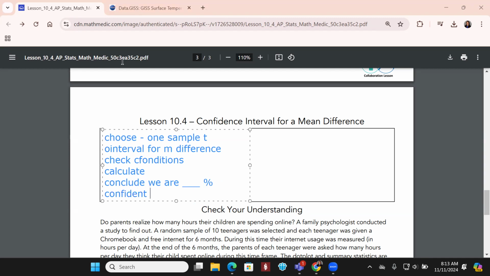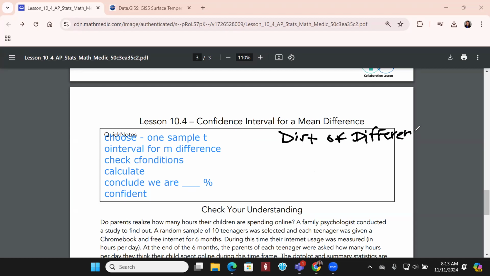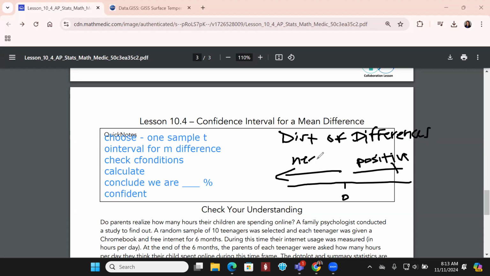Then we talked about distribution of differences. We had 0 in the middle. If it was positive, it was over here. If it was negative, it was over here. So go ahead and take a moment. Go ahead and try.